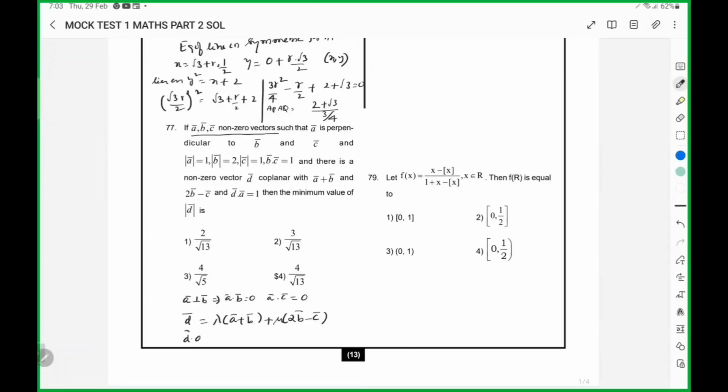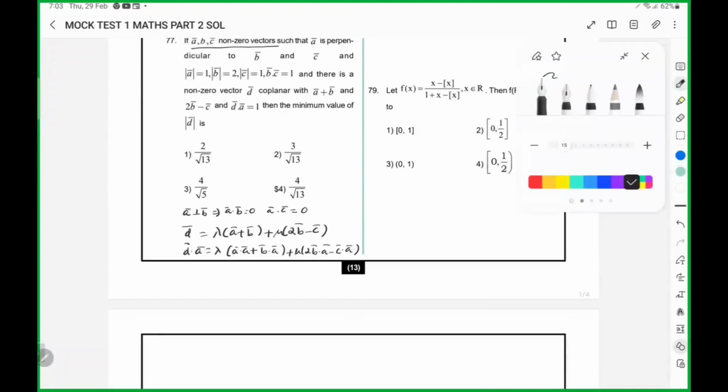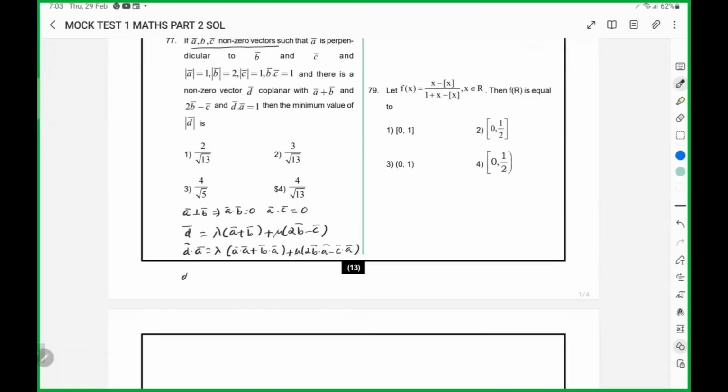So D dot A means lambda times A dot A, plus B dot A, plus mu times 2B dot A minus C dot A. Here D dot A is lambda times A dot A, which is lambda mod A square.